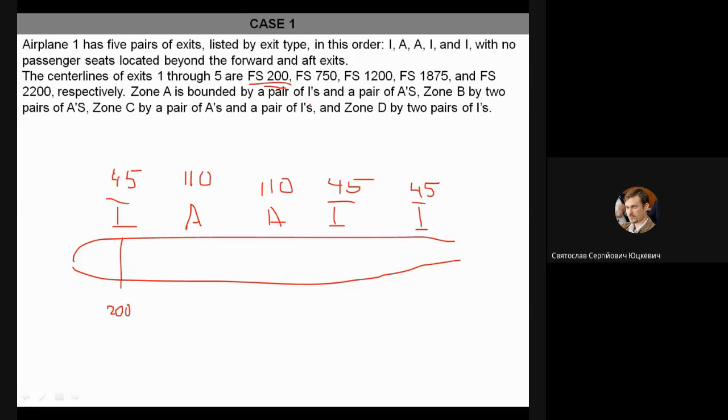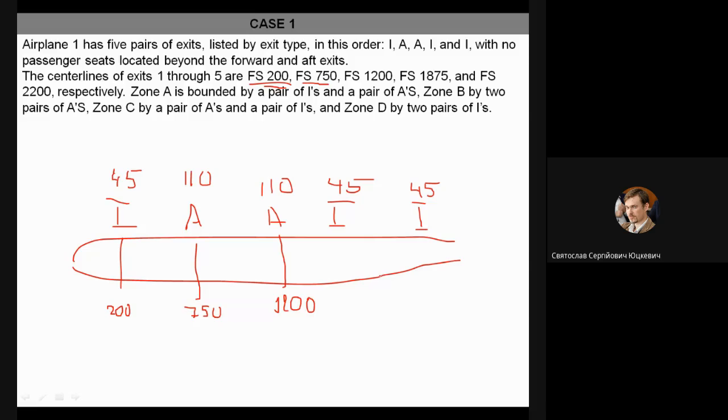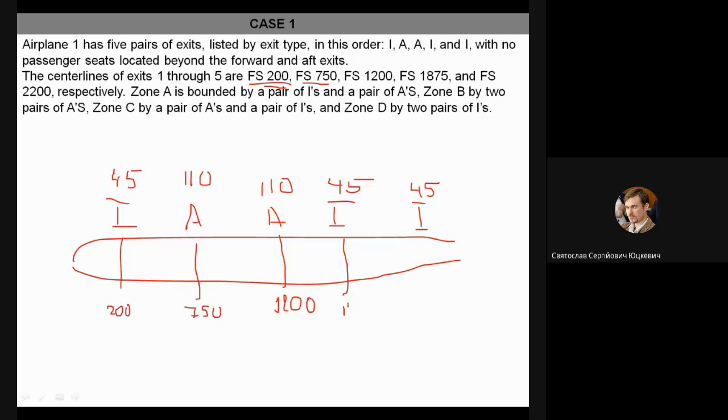Then the next one is located on fuselage station 750. Next one, 1200. Then 1875.